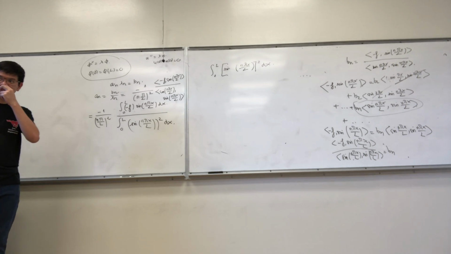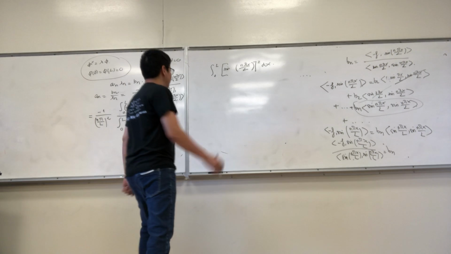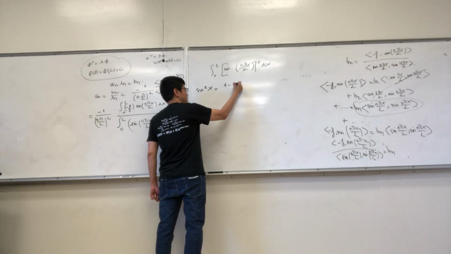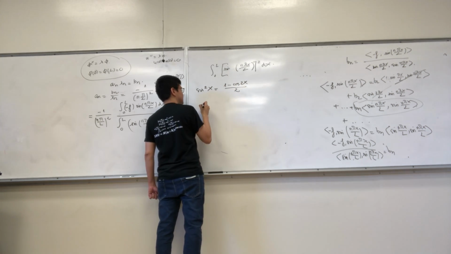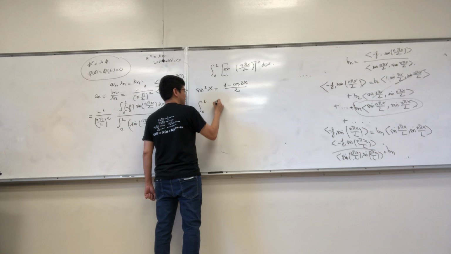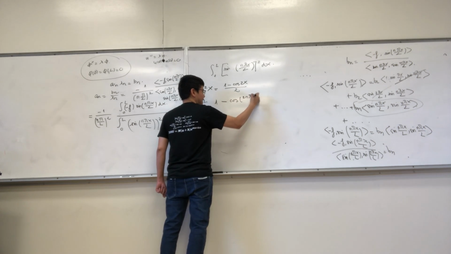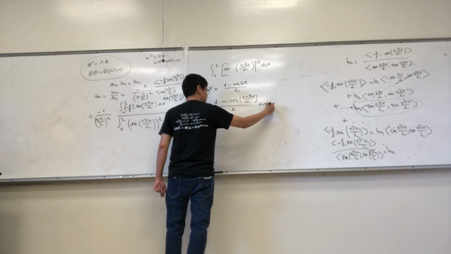The trig identity where it's 1 minus cosine of double the angle over 2. So you're going to use this formula again. Sinus square is 1 minus cosinus of 2x over 2. I apply this here, I'm going to have the integral from 0 to L of 1 minus cosinus of 2n pi x over L over 2 dx.